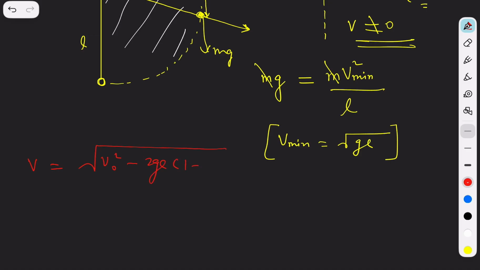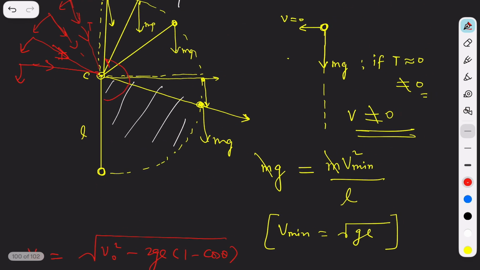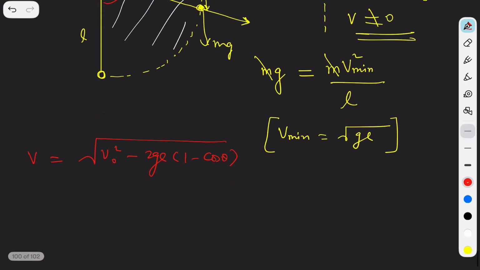So guys, at the topmost point, your velocity should be root gl, and the angle you have covered is theta equal to pi. If I put these two values here, it becomes root gl, and cos pi.